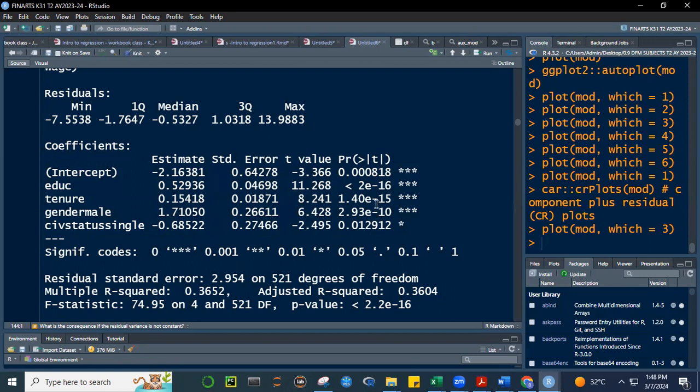Kasi the p-value, if you recall, is based on the t-value. Okay? So related tong dalawang to. Kung mali yung t-value, pwede mamali tayo sa probabilities natin. Okay? And all because kapag heteroscedastic yung residuals natin, nagkakaproblema sa pag-compute ng standard errors.